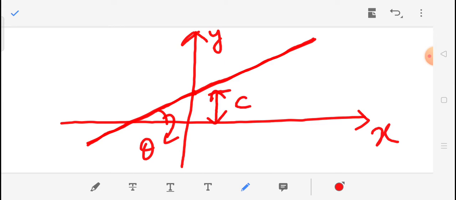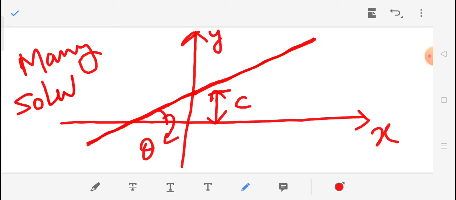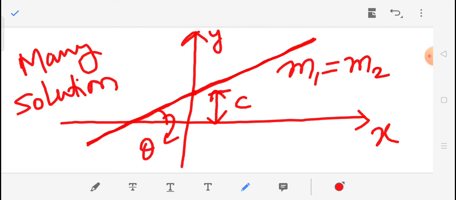So what we can conclude from this is that in the many solutions case, we are going to get the slope m1 equal to m2, as well as the intercept c1 equal to c2.